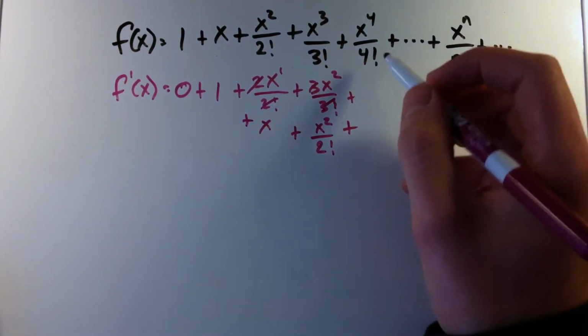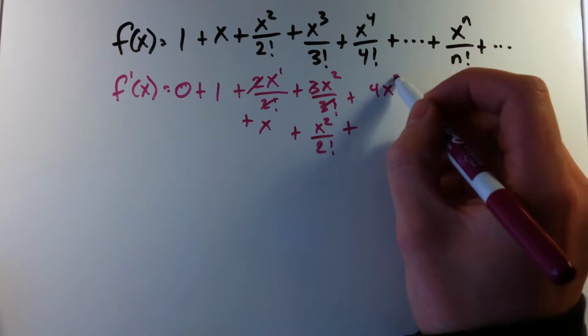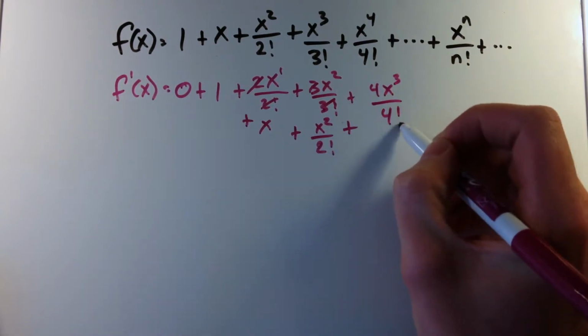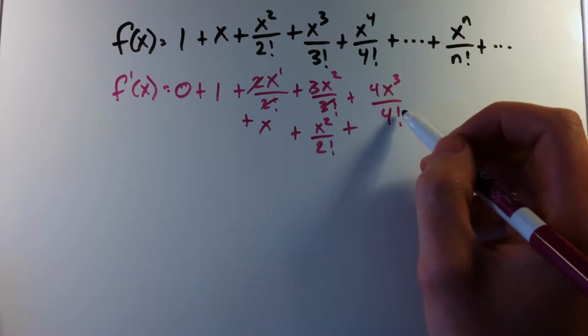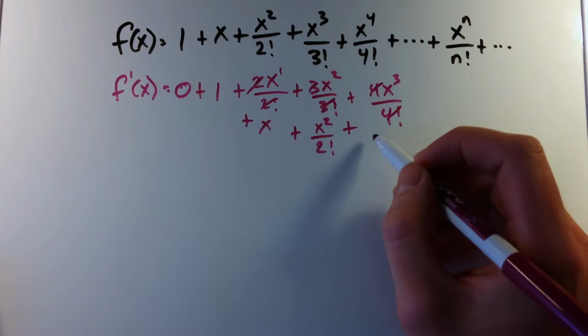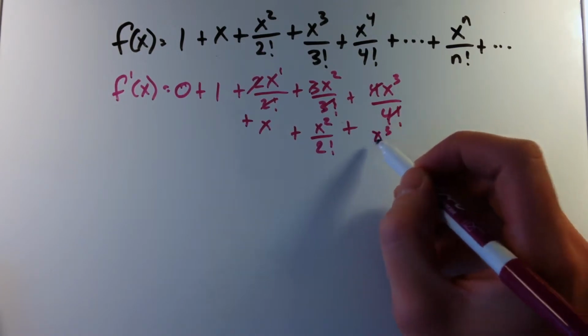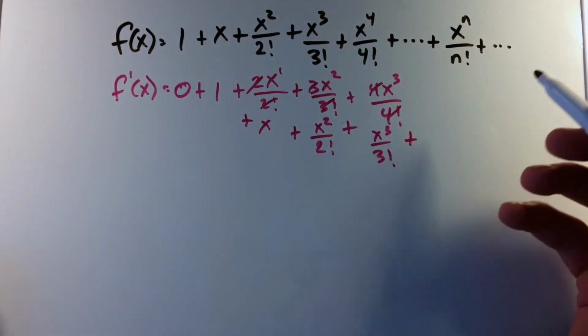With the next one here, we have x to the fourth. Derivative of x to the fourth will be 4x to the third over 4 factorial. But then again, 4 factorial is 4 times 3 times 2 times 1. Well, the 4's just cancel out, and we really just have x to the third over 3 factorial plus, and then the same thing's going to happen over here to the right.